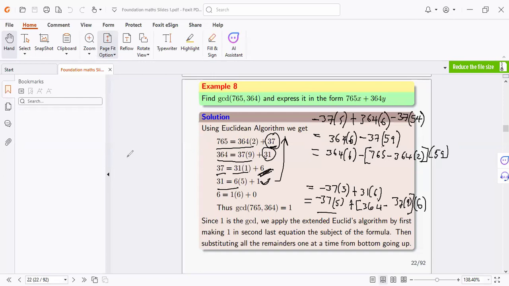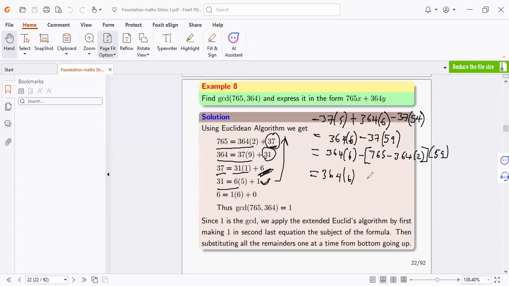Then again, what we do is collect like terms, open the brackets, and then collect the like terms. Let's begin with this 364 multiplied by 6. Then open the bracket.